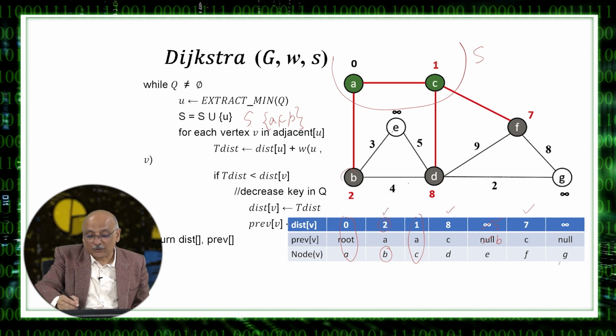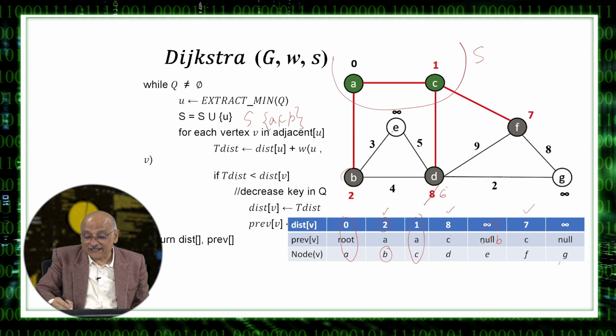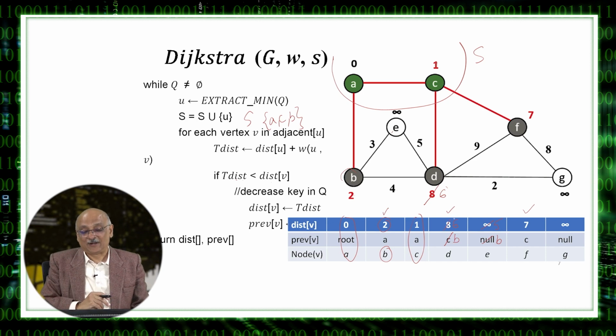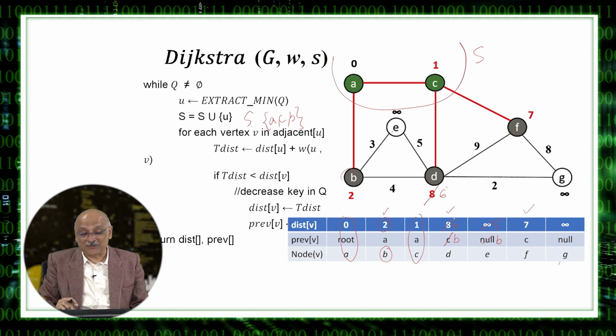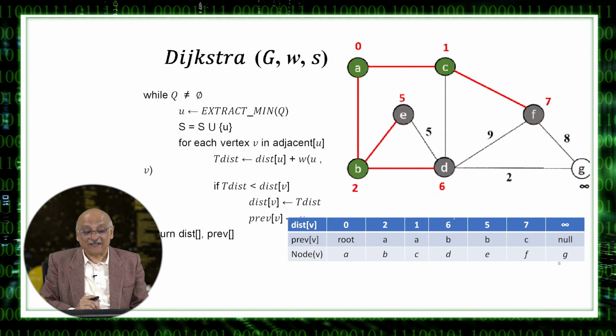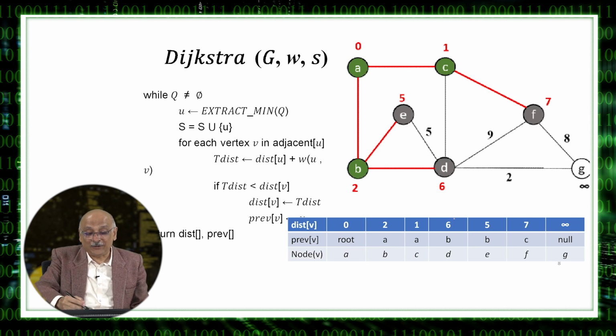So 2 plus 4, this is going to be 6. 6 is less than 8. Since 6 is less than 8, therefore this change is going to take place over here for D. Now the predecessor will become B. And the weight will become 6. All right. So that is how the updating is going to take place. Okay. So now what you see?